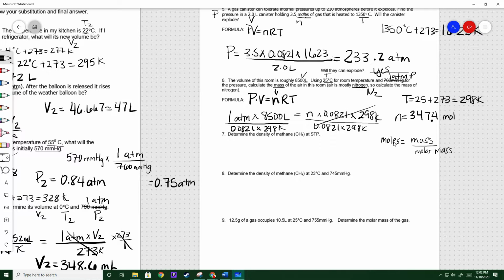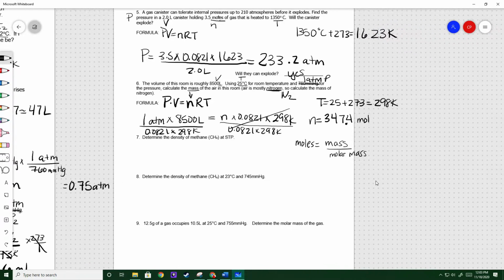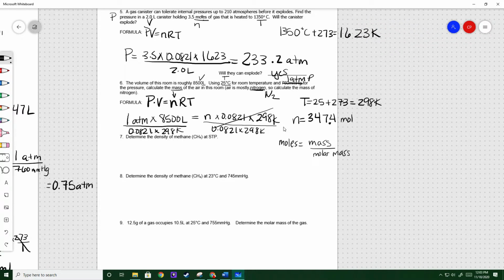So if you already have the number of moles and you want to find the mass, you just multiply by the molar mass. So my moles in this case would be 347.4. That's how many moles I have of N2.